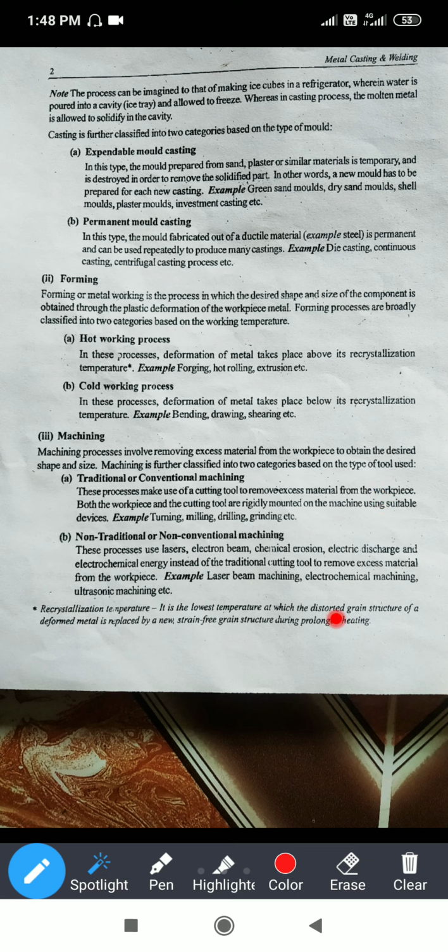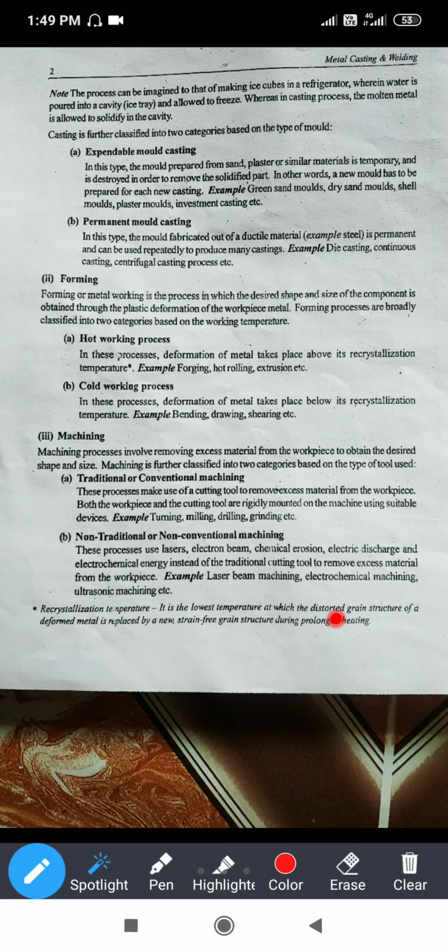Now let us go with the third category, that is the machining process. The machining process involves removing excess material from the workpiece to obtain the desired shape and size. The machining is further classified into two categories. The machining may be used initially or at last.